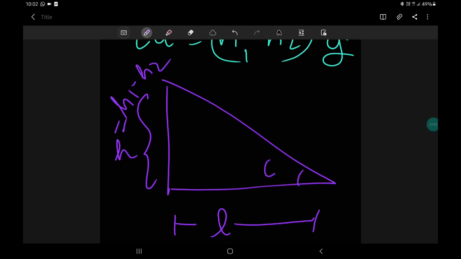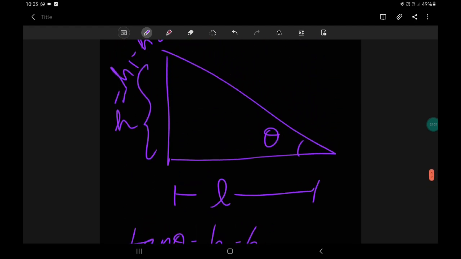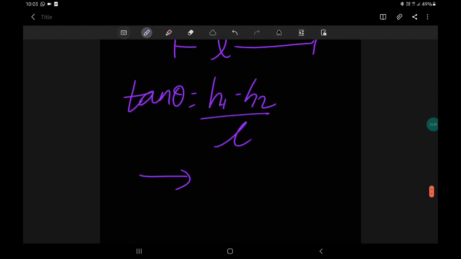So can I write this theta? Tan theta is equal to h1 minus h2 divided by L. And acceleration is in this direction, gravity is in this direction. Again I can make a triangle for this also. Acceleration here, gravity here, join this. So what your theta again here becomes, tan theta is also equal to a by g.